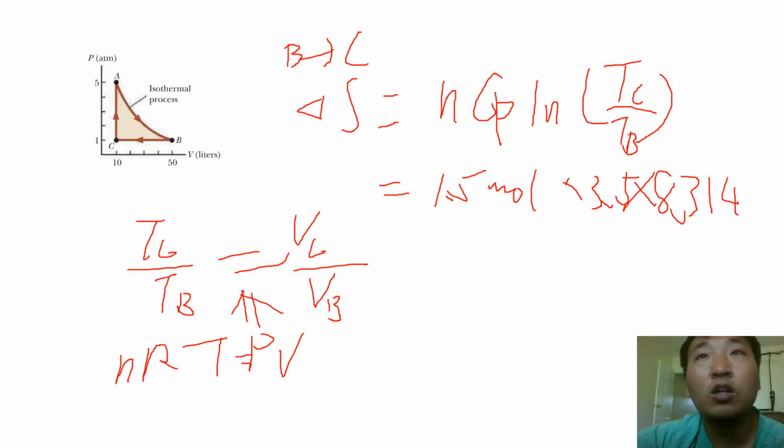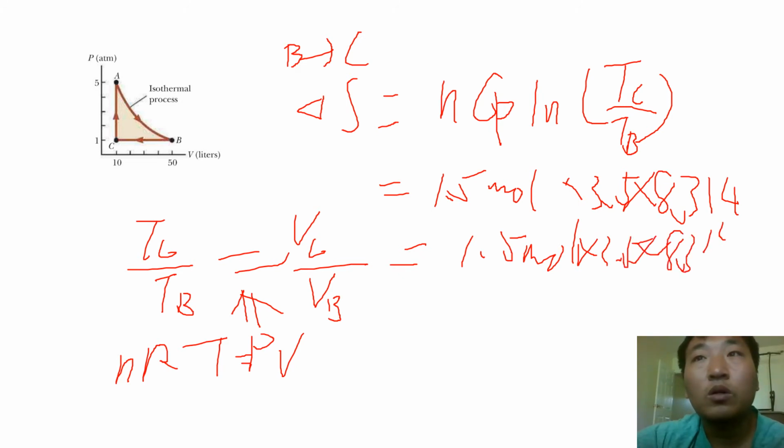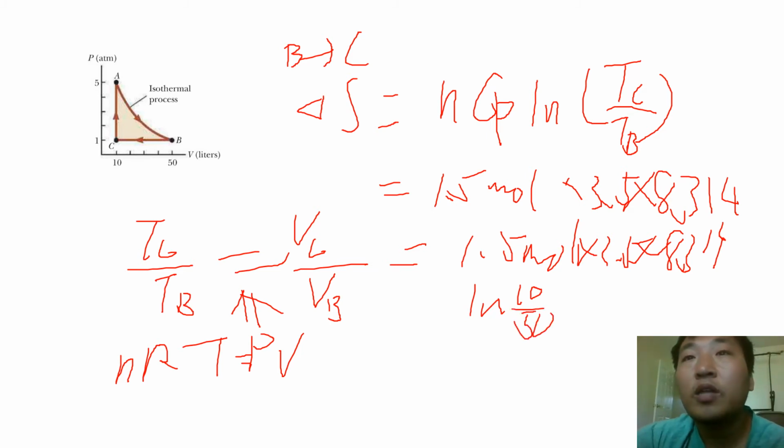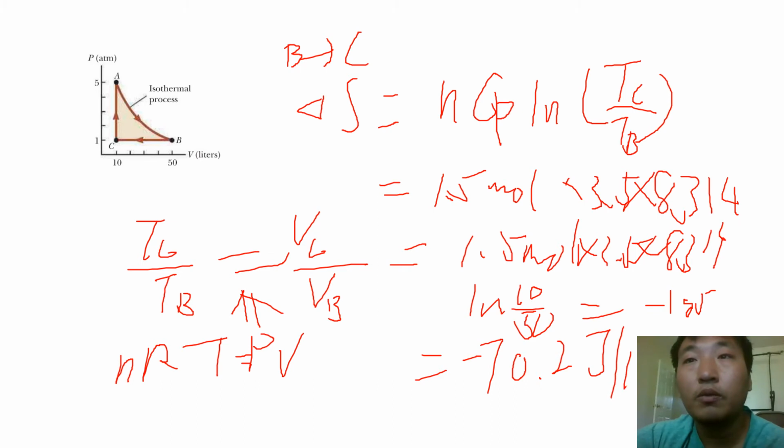Just plug in the numbers: 1.5 mole times 3.5 times 8.314 and log, volume C is 10 and volume B is 50, so it's log 5, negative log 5. After calculation, we get the entropy here as 70.2 joule per Kelvin.